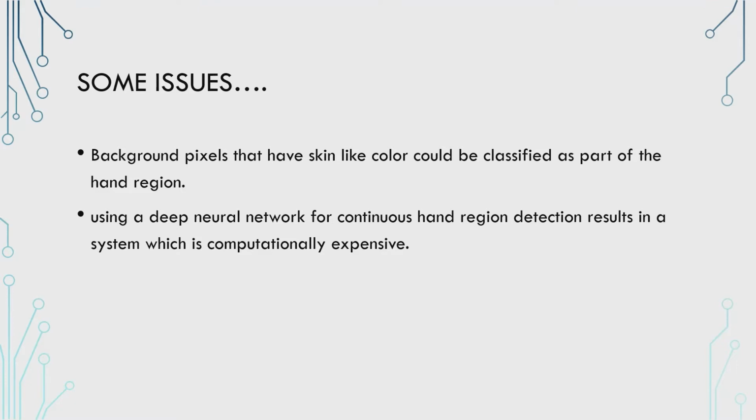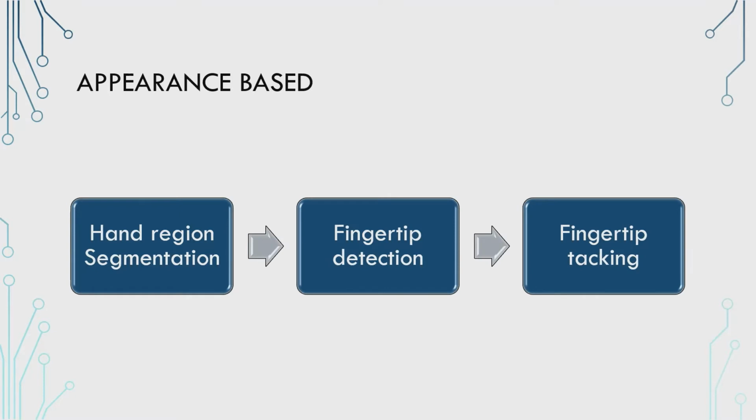So what can be done is we can use hand region segmentation and fingertip detection as a preceding step to fingertip tracking. By integrating fingertip tracking, this will be the flow of information. We'll have hand region segmentation and fingertip detection as a preceding step to fingertip tracking, and this could be performed after a certain number of successive frames.